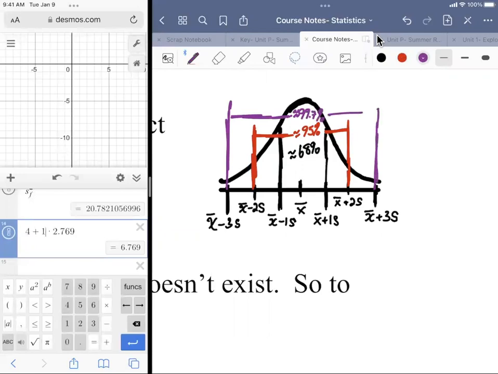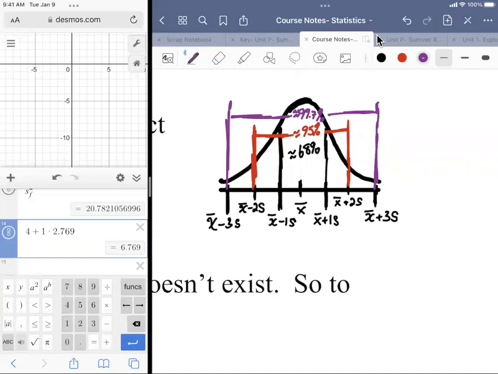And you don't have to tolerate my crappy drawings. This is something you very easily find with a quick Google search. So normal distribution or normal curve, and there are a lot more creative people out there than me, and they come up with nice ways of visualizing it.